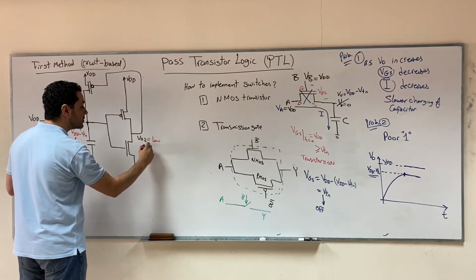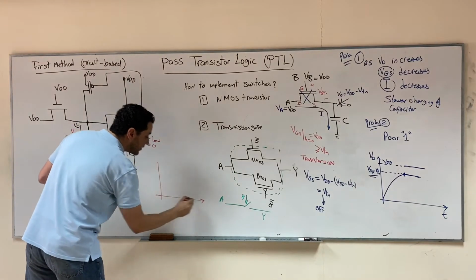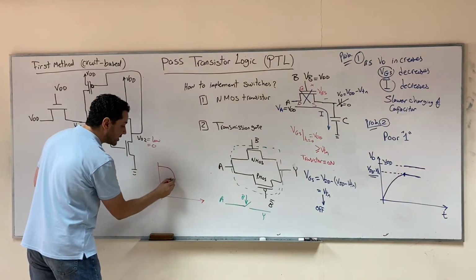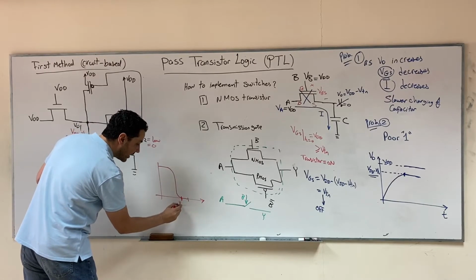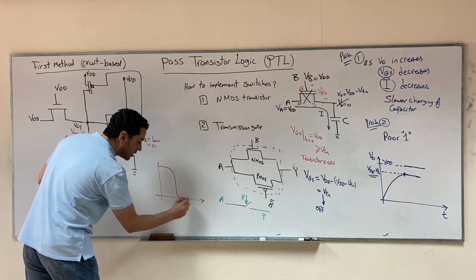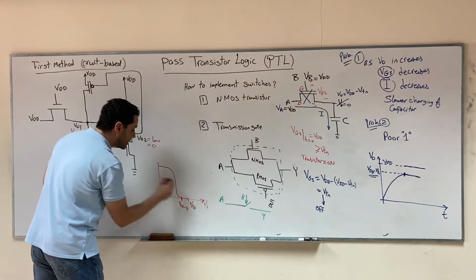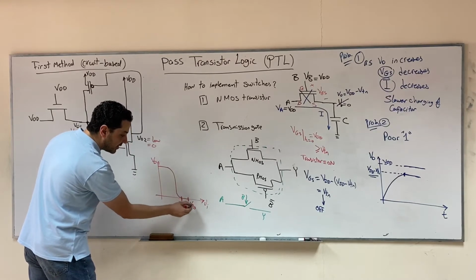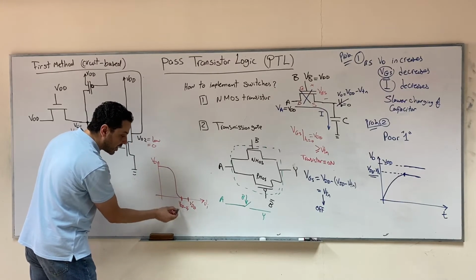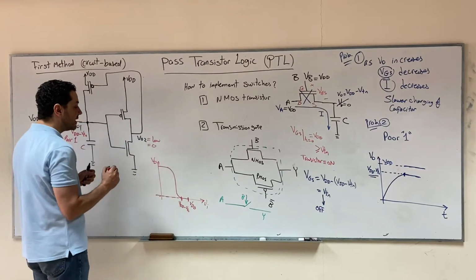You can see that by checking the curve of the CMOS inverter that we studied before. Although the input is not high VDD, it's a poor high, VDD minus V threshold, still the output is going to be 0.